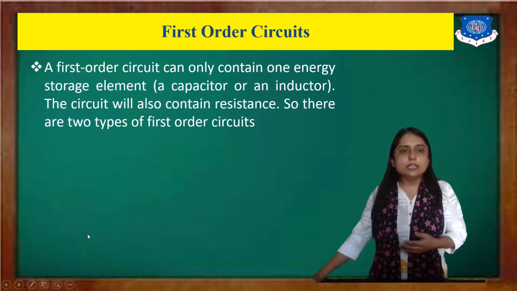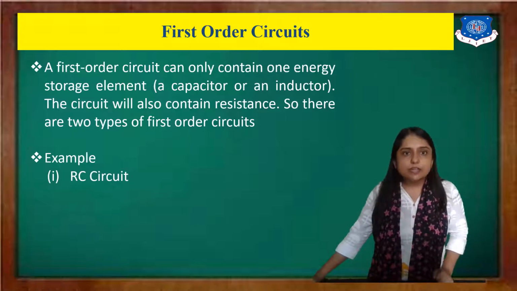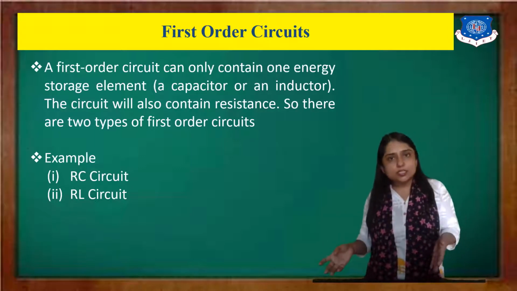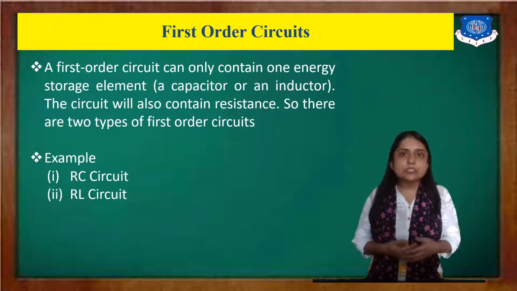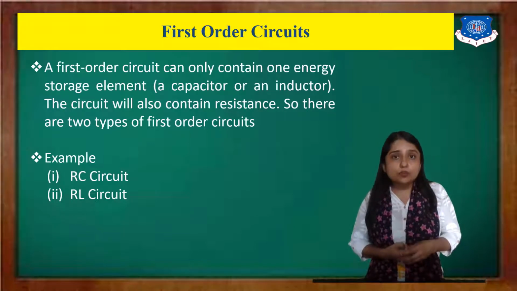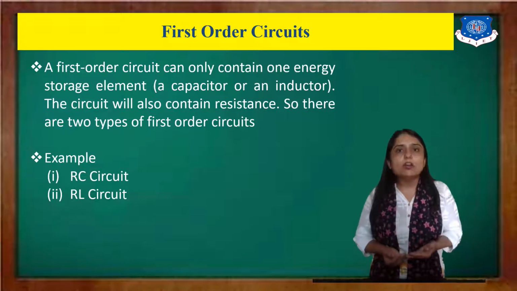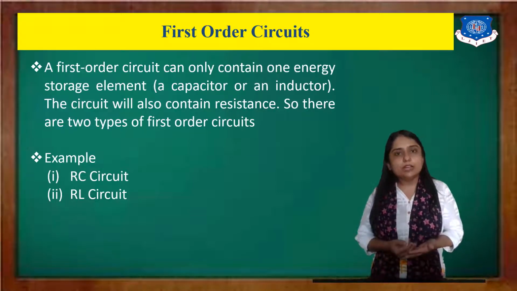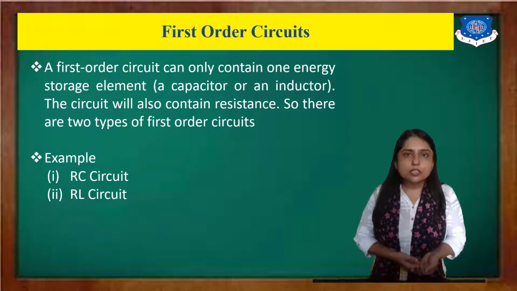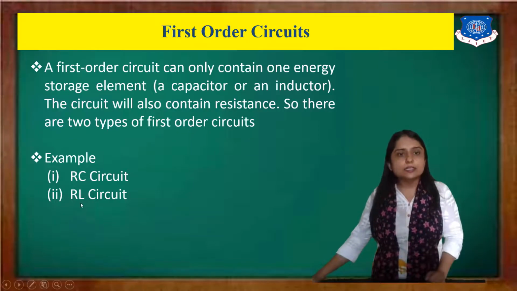Based on that, the examples are an RC circuit and an RL circuit. That means you cannot consider the inductor and capacitor all together in a first order circuit. If you consider inductor and capacitor, then that becomes a second order circuit, which we will study in our next session. So in a first order circuit, we just consider an RC circuit or an RL circuit.